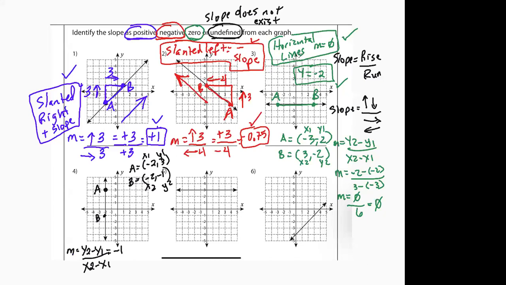The x numbers are -2 minus -2, which is going to be 0, over -4. If you have 0 on the denominator, that means you cannot calculate, so it does not exist. I'm going to write DNE for does not exist. So for this one, the slope is none.